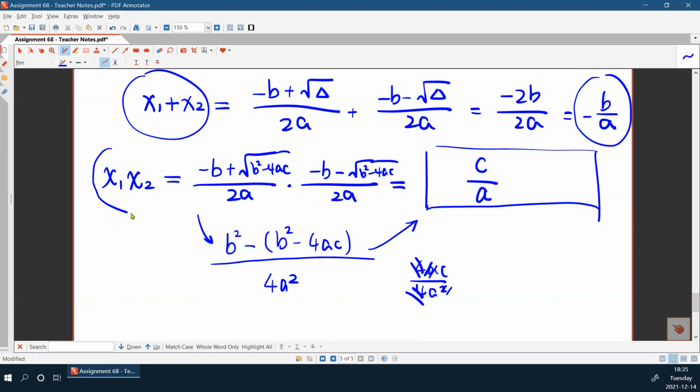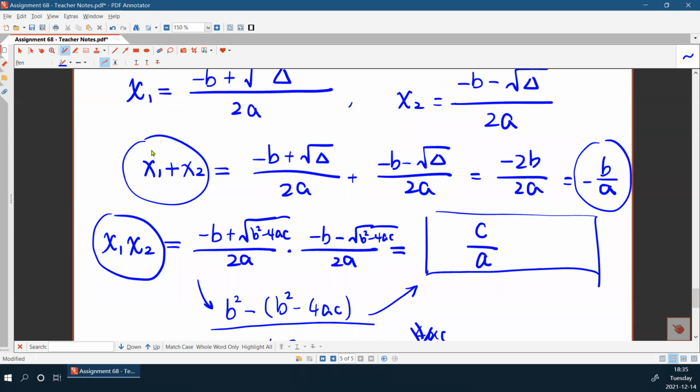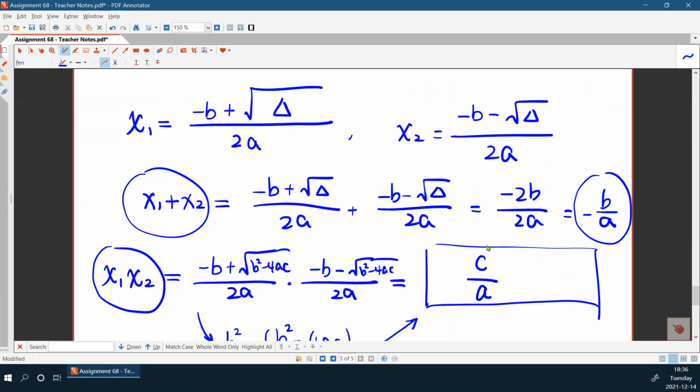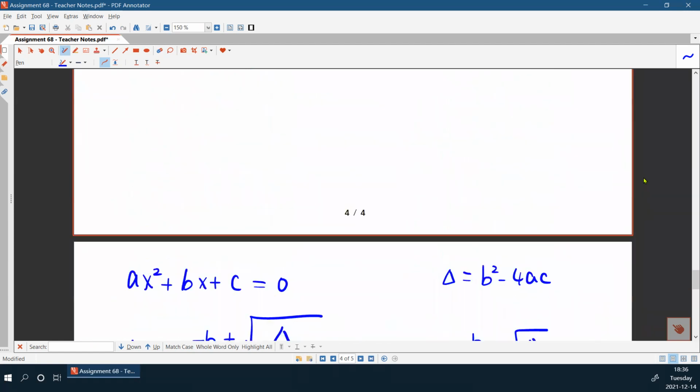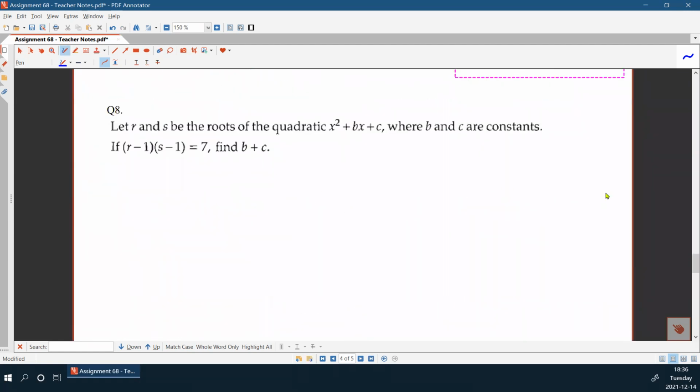Okay, so that means the quadratic formula also tells us that the sum of the two roots always equals minus b over a, and the product of the two roots always equals c over a, right? Do you understand? Okay, so we can use this conclusion to solve a question like this.